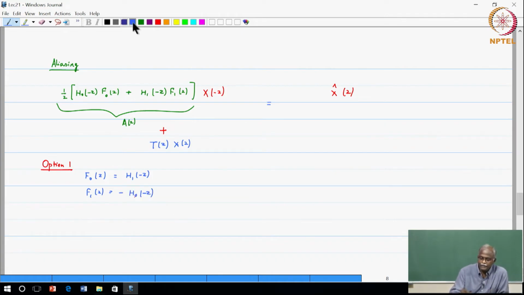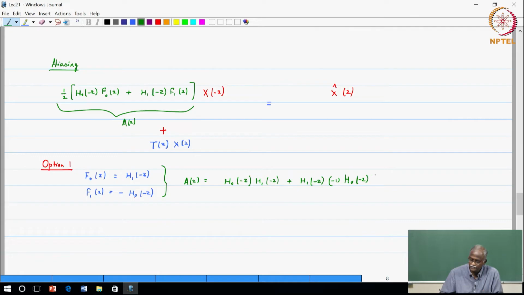So, using these two combinations, we would like to now verify that A of z is equal to H naught of minus z, F naught is H1 of minus z, you have a plus sign, you get H1 of minus z, and F1 of z is minus 1 times H naught of minus z. Basically these two terms cancel, giving you equal to 0.